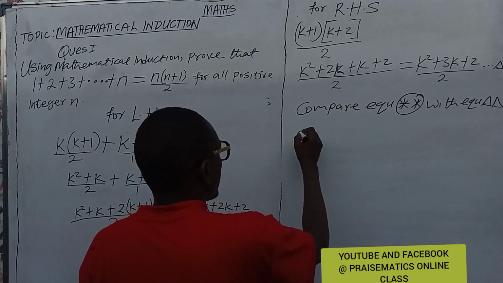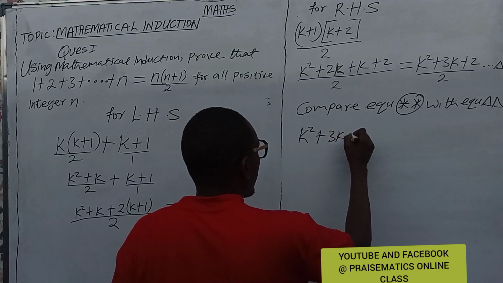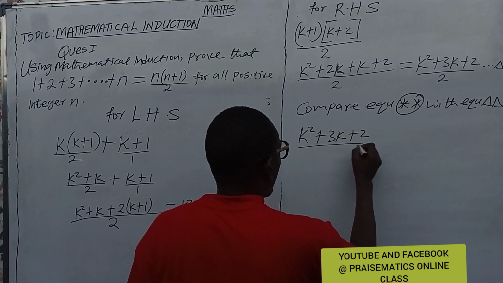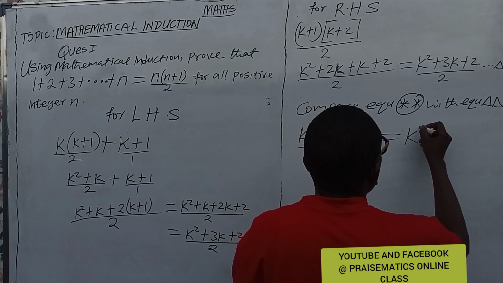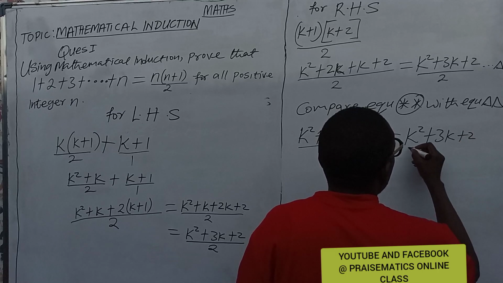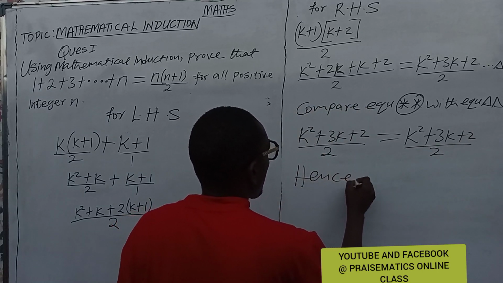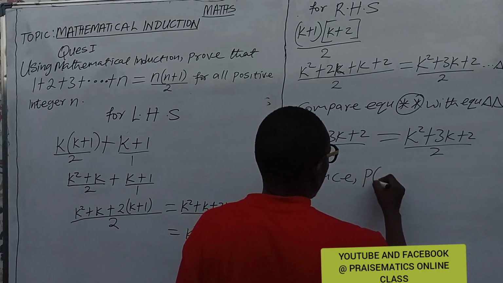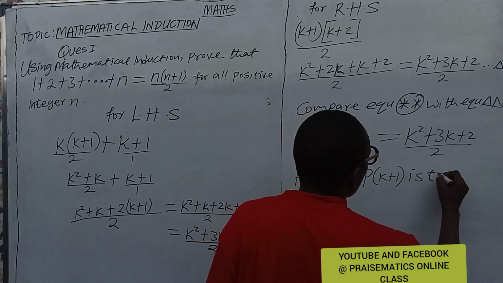Now equation star says k squared plus 3k plus 2 all over 2. Is it equal to equation triangle, which is k squared plus 3k plus 2 all over 2? Hence, it is true. Hence, P(k plus 1) is true.